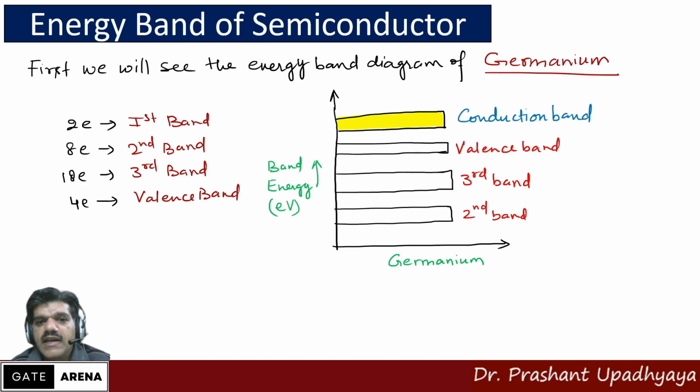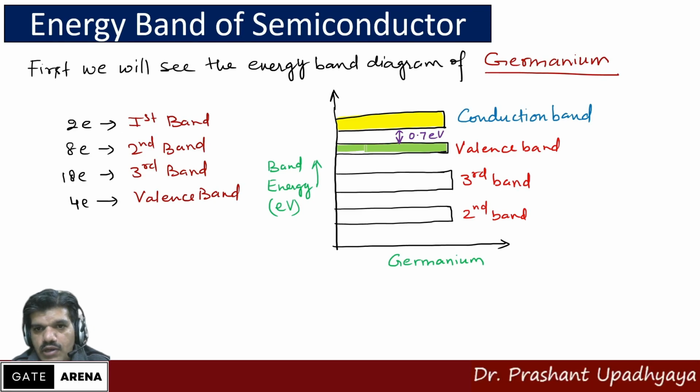We have already defined that a semiconductor is a device which has a very small gap between the valence band and the conduction band. Therefore, the energy gap between the valence band and the conduction band is 0.7 electron volt for germanium.